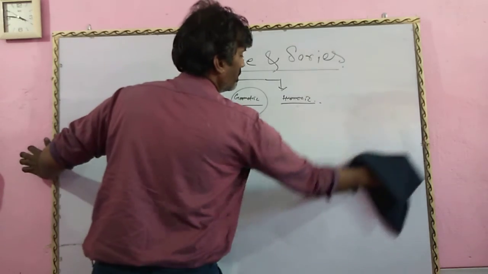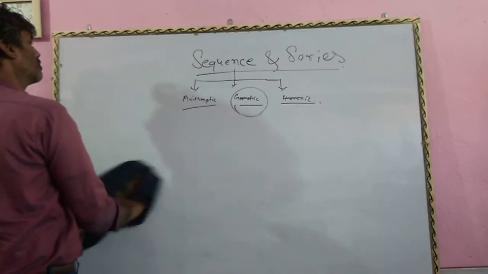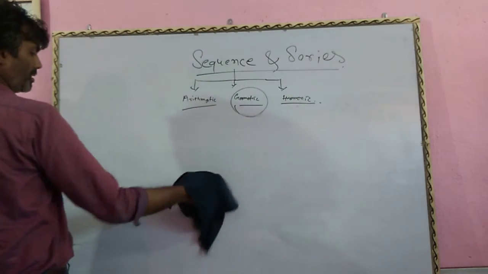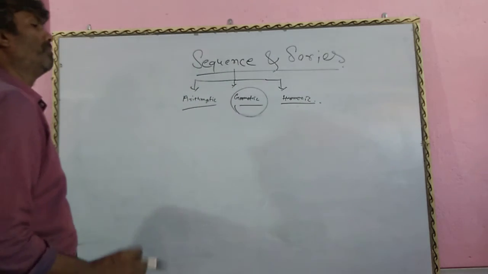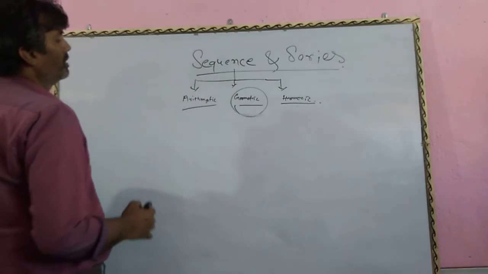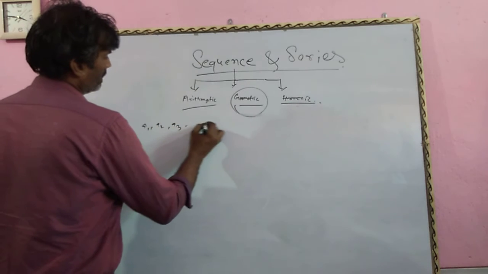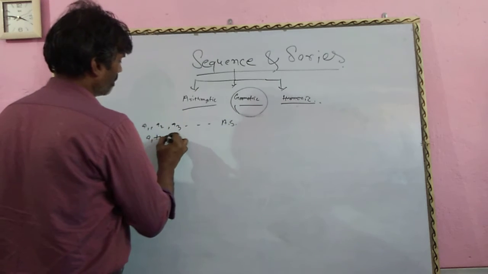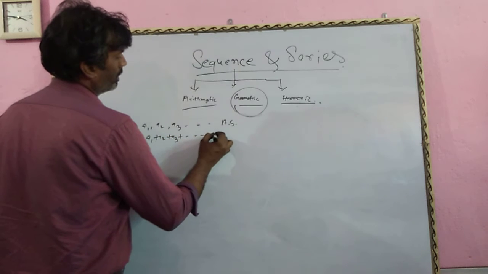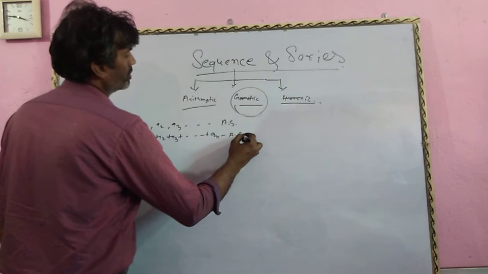Means let A1, A2, A3 be in arithmetic sequence, then A1 plus A2 plus A3 plus up to An will be called an arithmetic series.